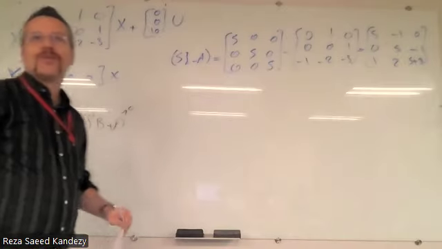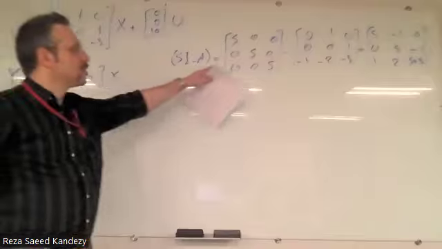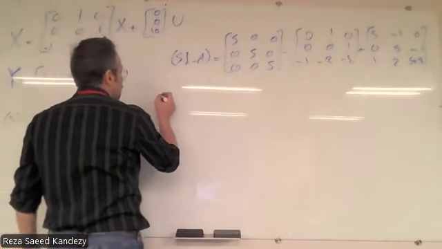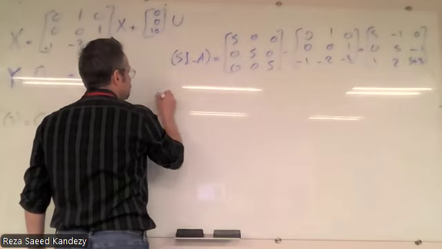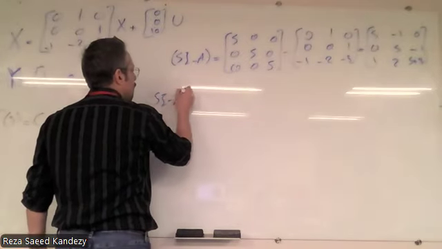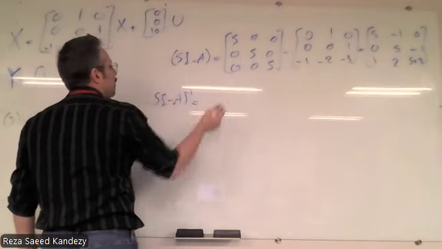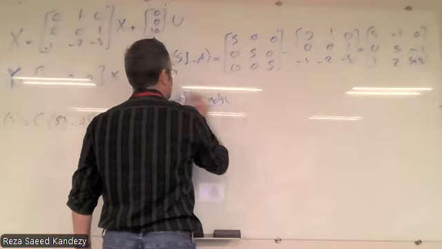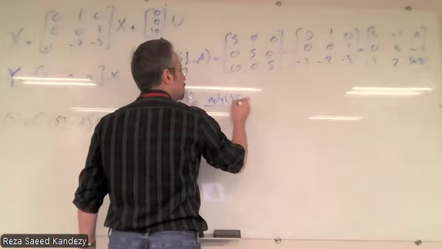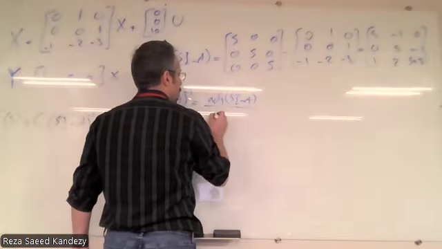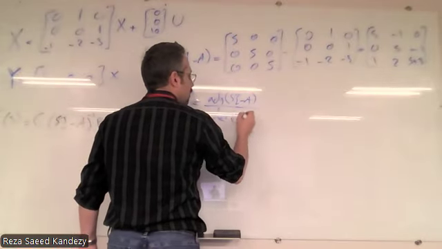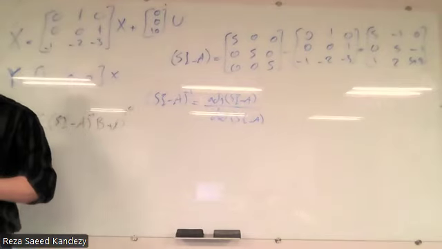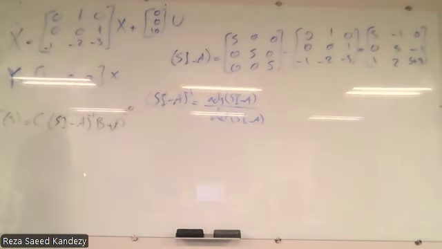Now we get to the fun part, when we actually want to get an inverse of that matrix. Now we know that the inverse of a matrix sI minus A is going to be the adjoint of that matrix over the determinant of sI minus A. Now, not all matrices have an inverse.